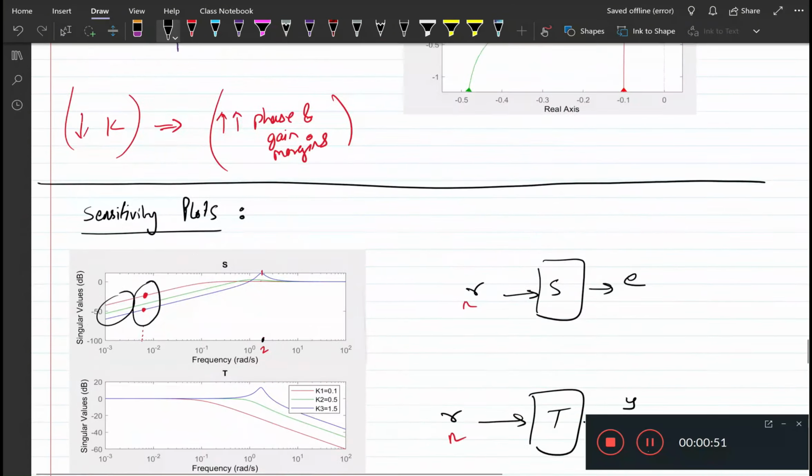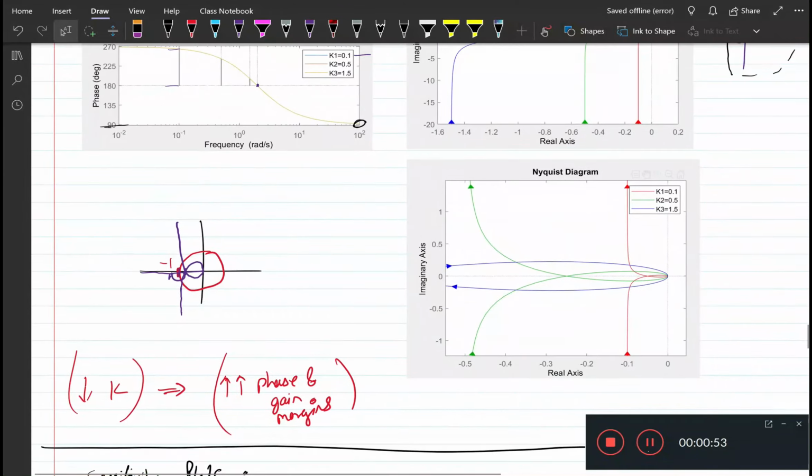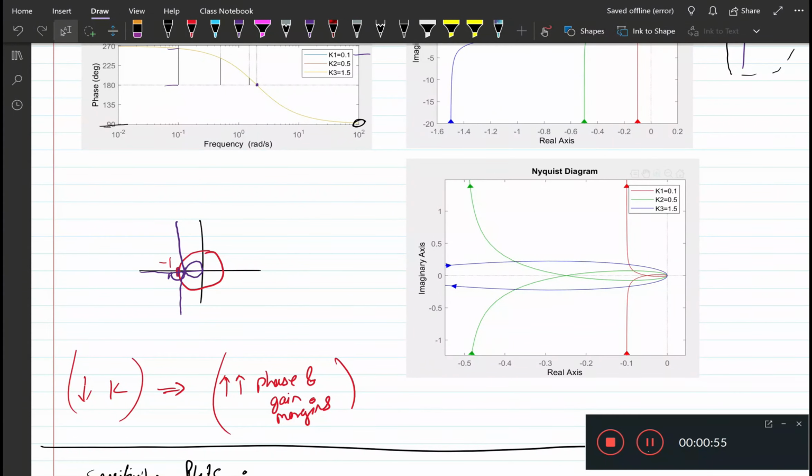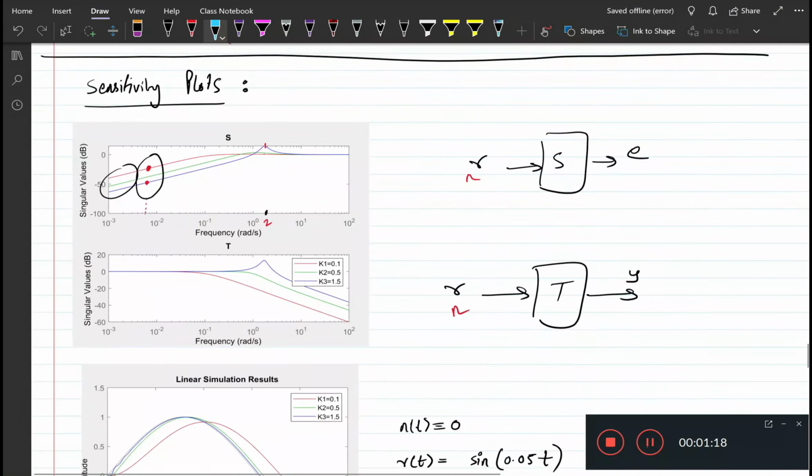Let's quickly look at the Nyquist plot. This Nyquist plot clearly shows that for this second example, here we do penetrate the disk. So let me just draw it in the sketch that we already had.